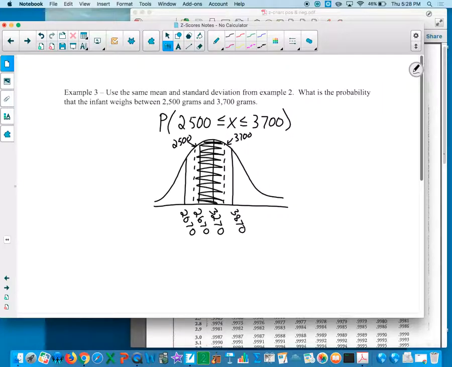So we're looking for that area in between. Essentially what we're going to be doing is we're going to do the area to the left of the bigger number minus the area to the left of the smaller number.